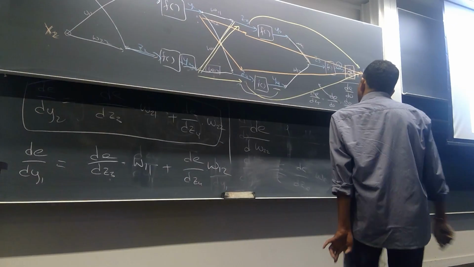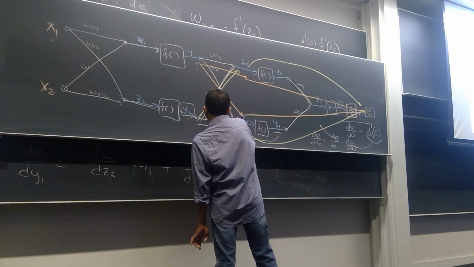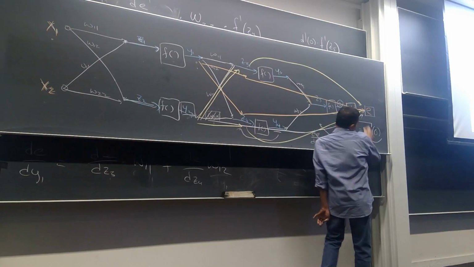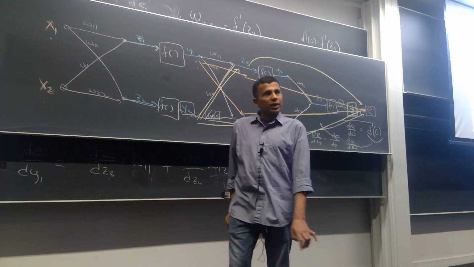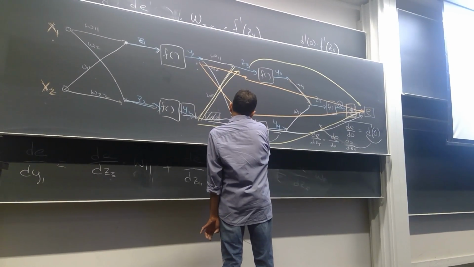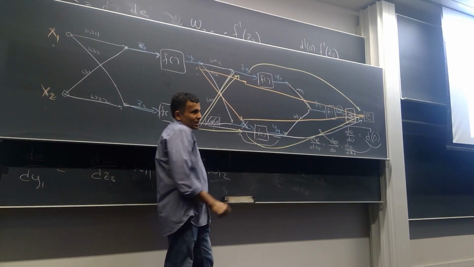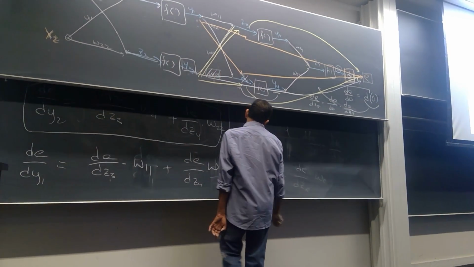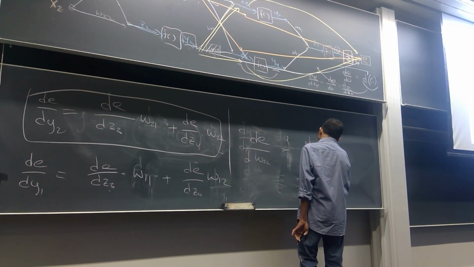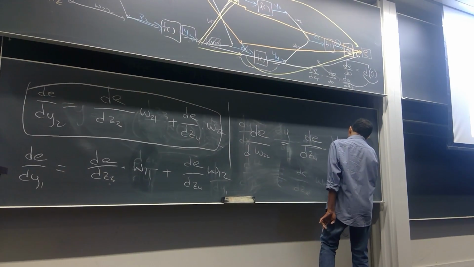dz4 over dv times d. Again, you have to think about this. If I think of this as whatever I'm going to modify, how does this influence E? That's a chain you're going to have to follow, correct? This term influences this, and that influences E. So that is going to be dE over dz4 times dz4 over dw22.